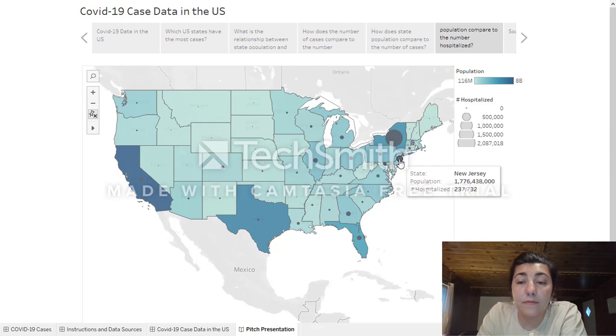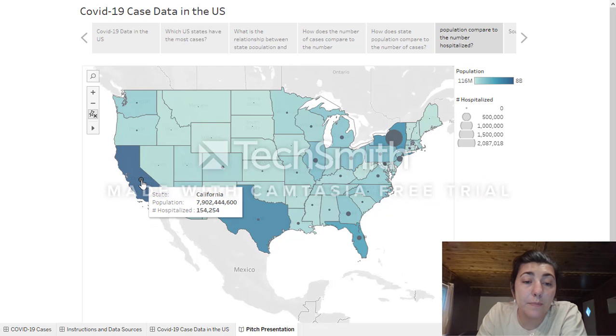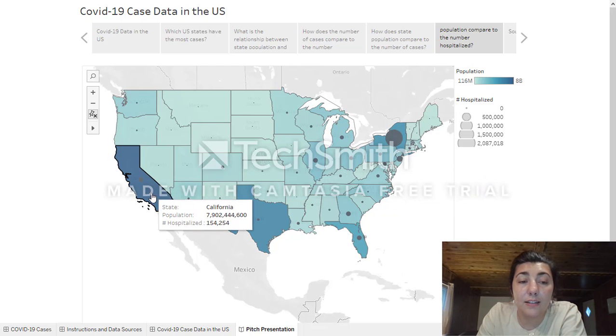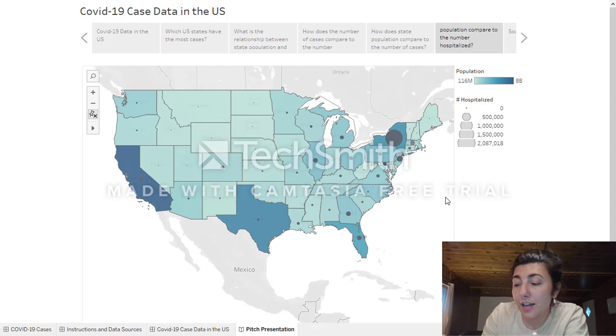New Jersey, they have less of a population, but they have 237,000 hospitalized, and California has less than that. So again, a good geographic representation of hospitalization that would just help us to know what to expect in terms of how to prepare and how to have all the supplies ready that we need.